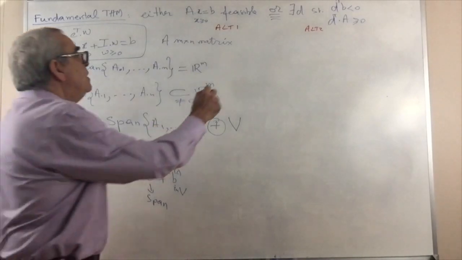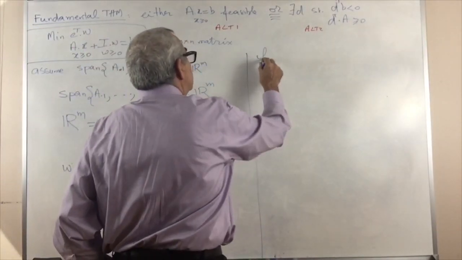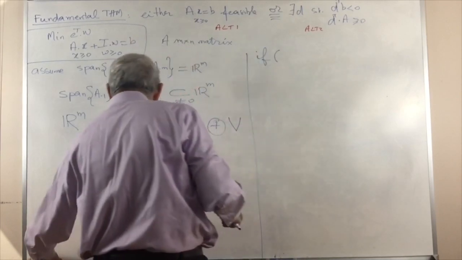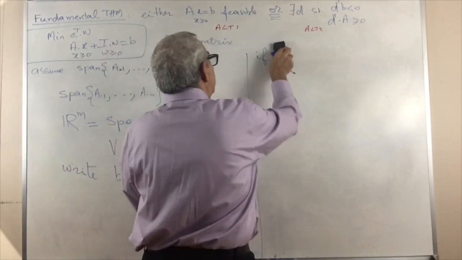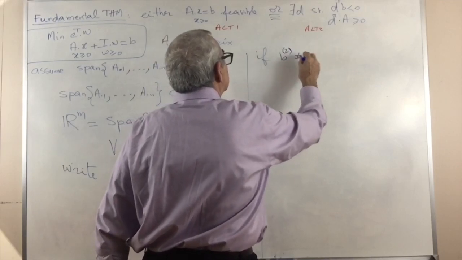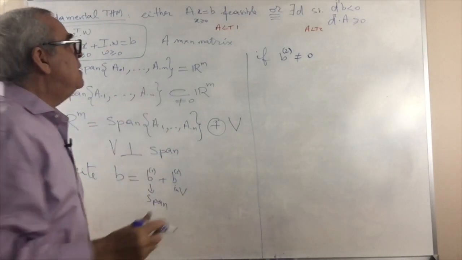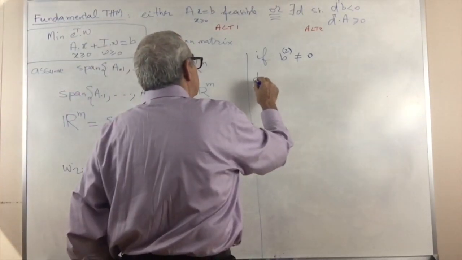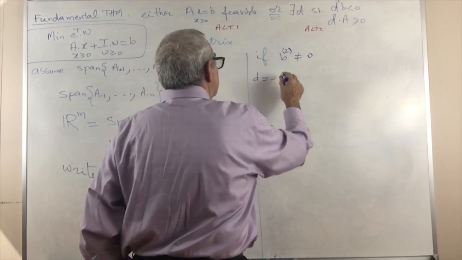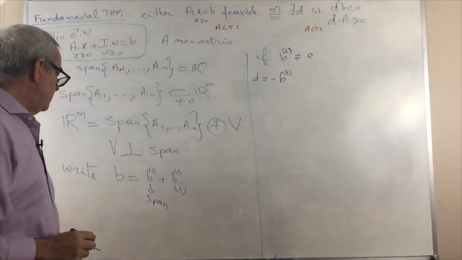Now, two cases. If B2 is non-zero, then we have that vector D. D will be equal to minus B2. Why?